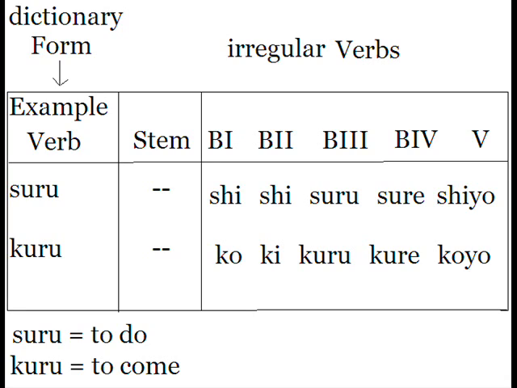Kuru, base 1 is ko, base 2 is ki, base 3 is kuru, base 4 is kure, base 5 is koyo. So these verbs conjugate a little bit differently. Of course, you'll only use them in certain situations, so it's not very hard to figure out when you're going to need to use them. But remember these rules as we learn the grammar ahead.